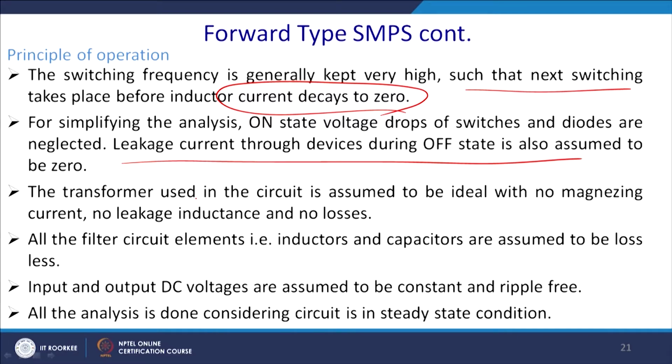The transformer used in the circuit is assumed to be ideal, with 100% coupling, no magnetizing current, no leakage inductance and no losses. All the filter elements, that means the inductor and the capacitor, are assumed to be lossless. The input and the output DC voltage are assumed to be constant and ripple free. All the analysis is done considering the circuit in the steady state condition.